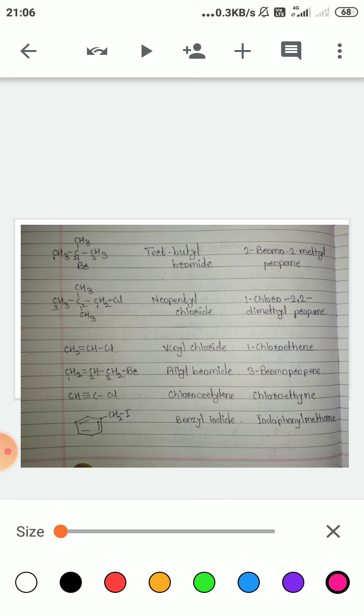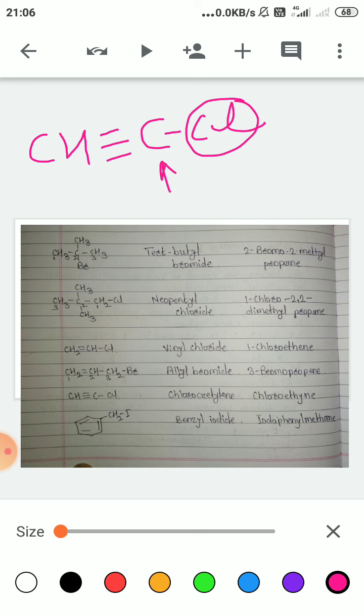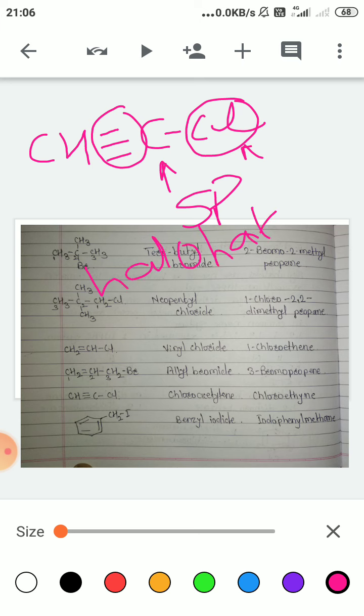Now we'll see the next, CH triple bond CCl. The chlorine atom is attached to an sp hybridized carbon atom, so it is a haloalkyne. As the compound contains a triple bond, it is an alkyne, and as the hydrogen of the alkyne is replaced by a halogen atom, it is called a haloalkyne.